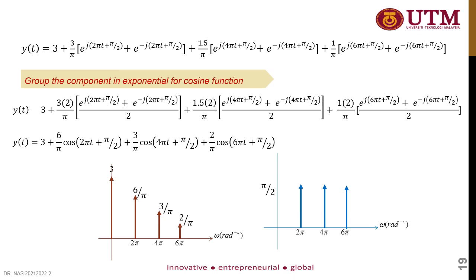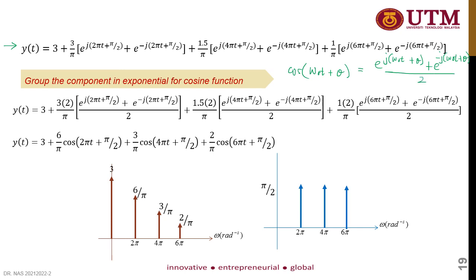Okay, from the previous slide, this is the complex exponential Fourier series. Then you can convert this exponential into a sine or cosine function. Remember, cos(omega naught t plus theta) in exponential form is e^(j(omega naught t plus theta)) plus e^(-j(omega naught t plus theta)), divided by 2.